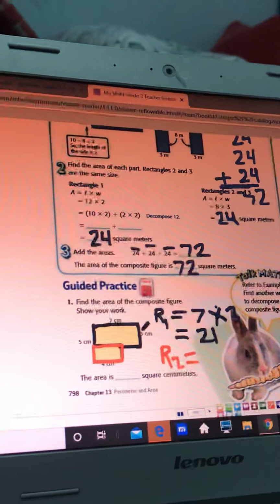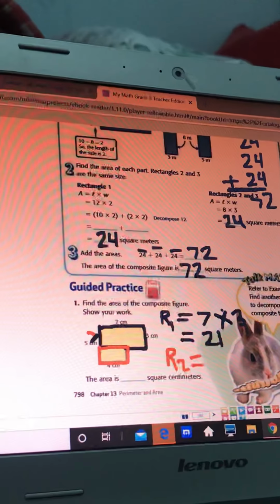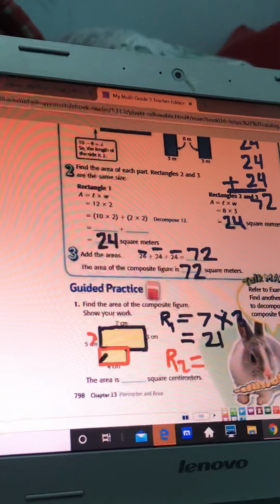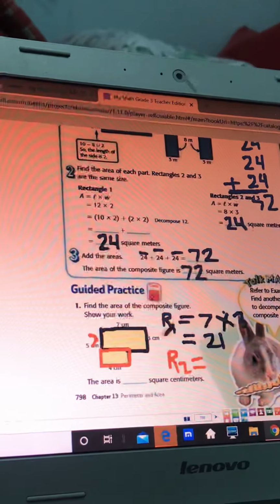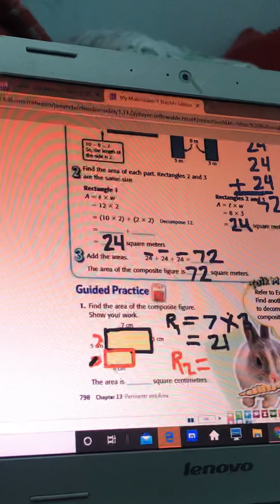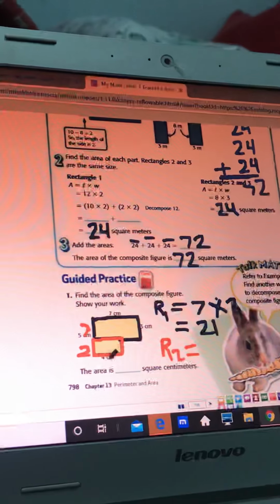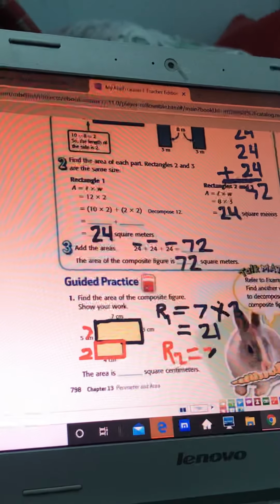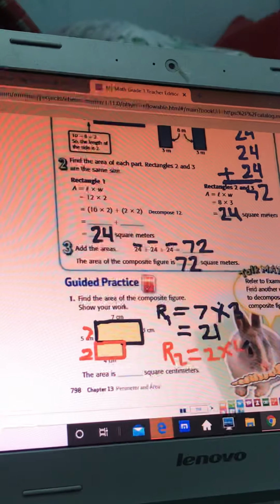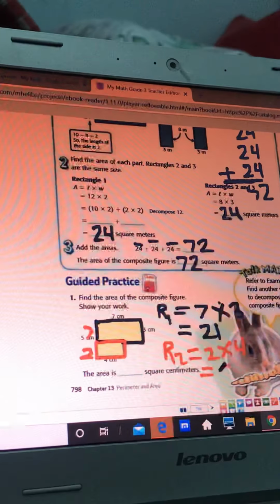This one, this is 3. Of course, this is 3. So if the total is 5 of this and this, what is this? 5 minus 3 will give us 2 for this one, correct? So we only multiply 2 by 4. This is 4. So 2 times 4 will give us 8 as the area.